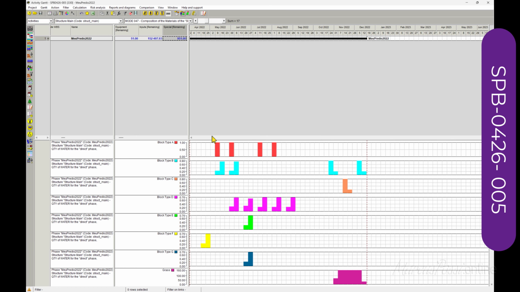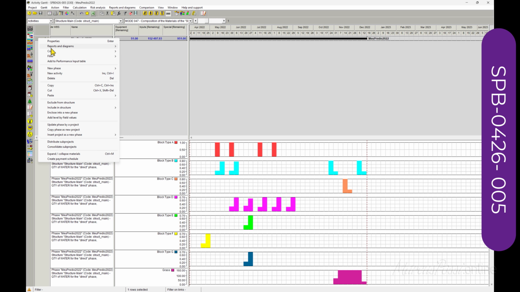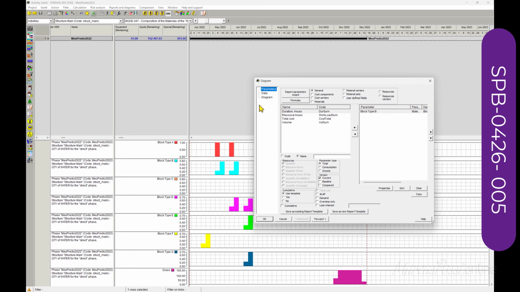Now we have one block for 4 blocks type A, 4 blocks type B, 1 block type C, 5 blocks type D. Where is the garden? Garden, okay. General diagram for what? For gardening, grass.